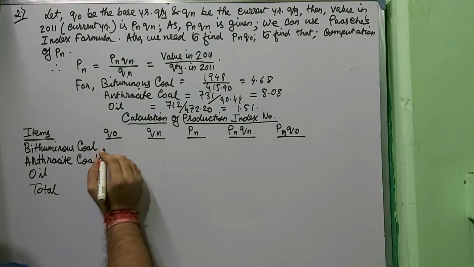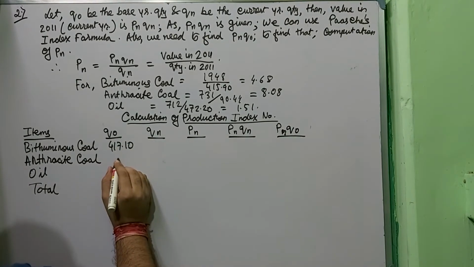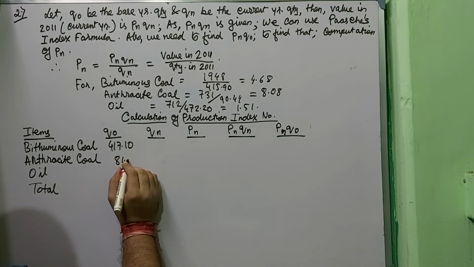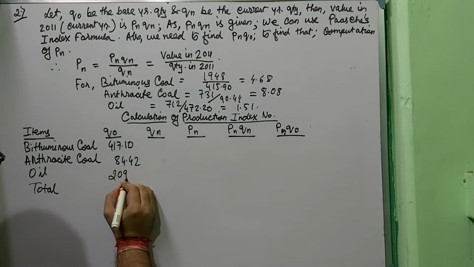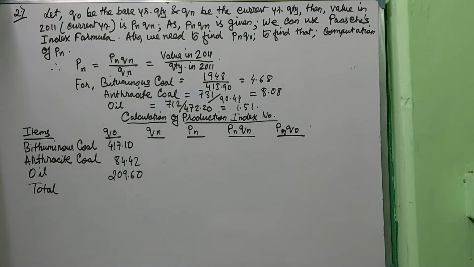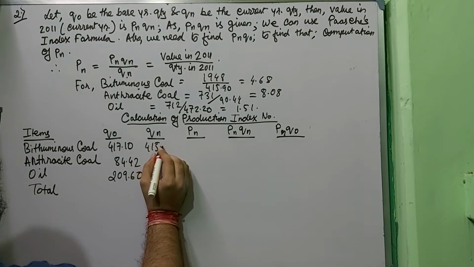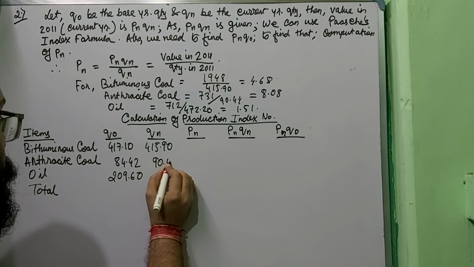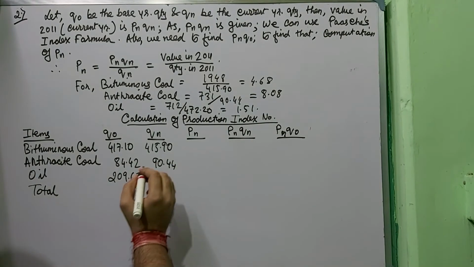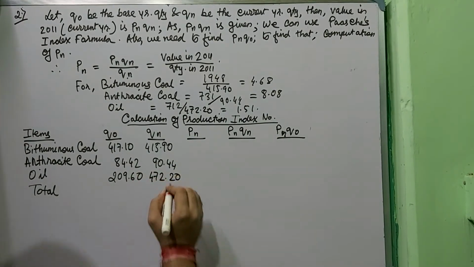Q0 is given 417.10, 84.42 and 209.60. Qn is also provided 415.90, 90.44 and 472.20.